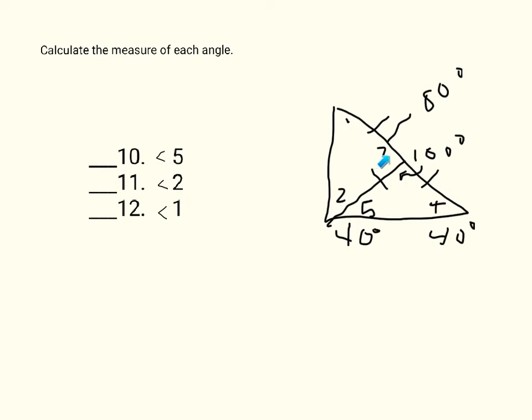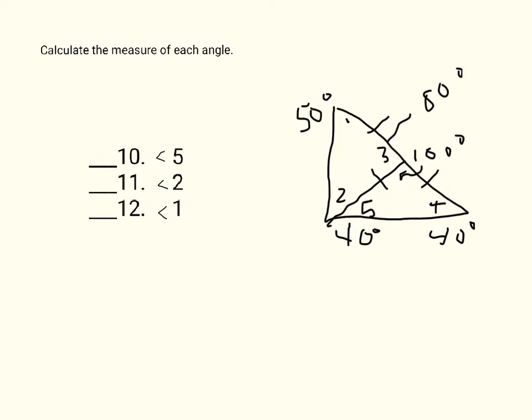Angle 3 takes up 80 degrees of the 180 degrees of the triangle. So angle 1 and angle 2 are left to evenly split 100 degrees. Together they make 100, plus this 80 makes 180. So angle 1 and 2 are each half of 100, or 50 degrees.